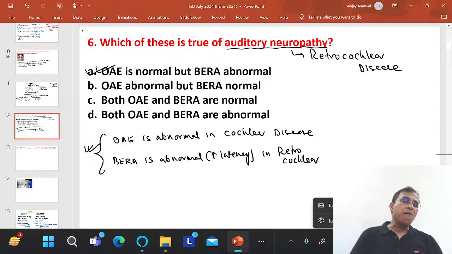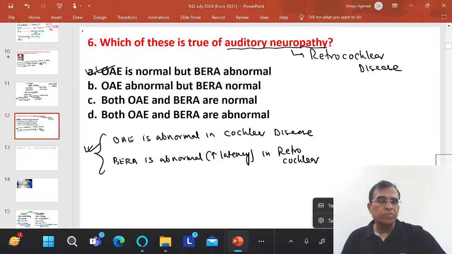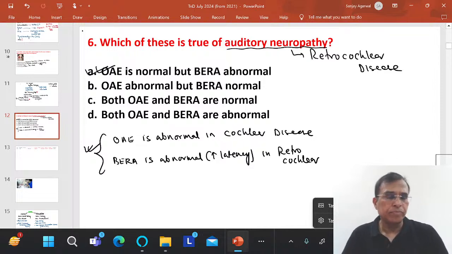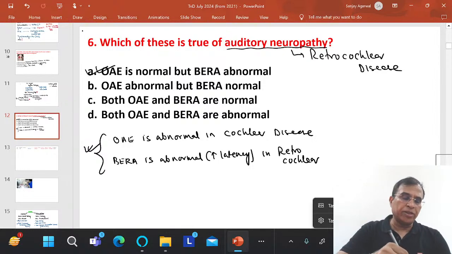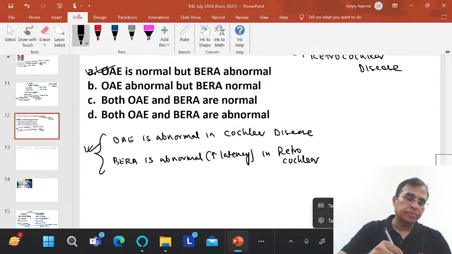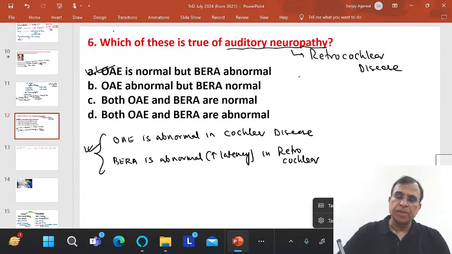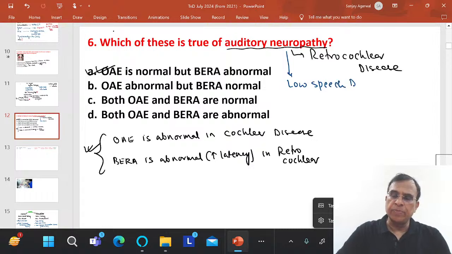So Vignesh is trying to say that in auditory neuropathy, the usual history is that there is low speech discrimination.